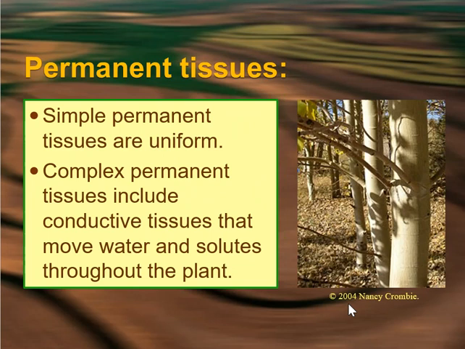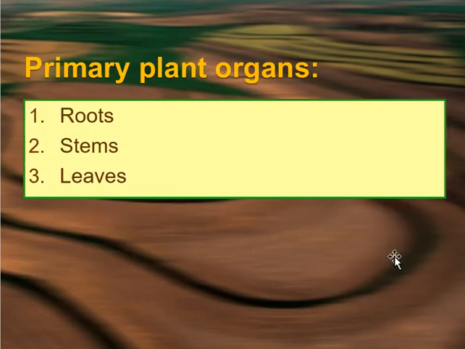Permanent tissues are tissues that are uniform. So their complex permanent tissues include conductive tissues that move water and solutes throughout the plant, okay? So this would be more so on the inside, like you have permanent tissues in just the trunk of a tree. All right.